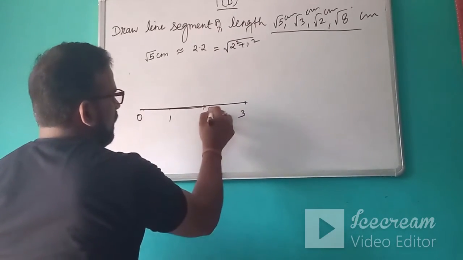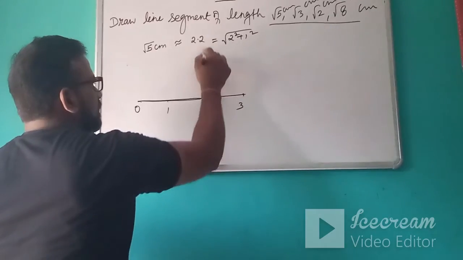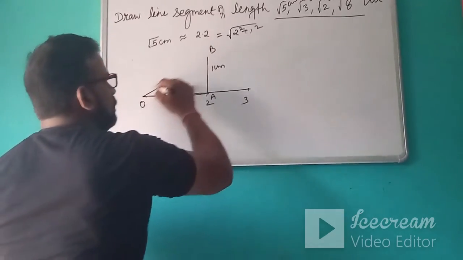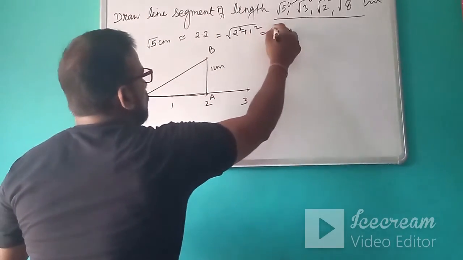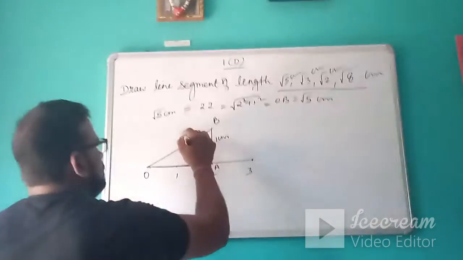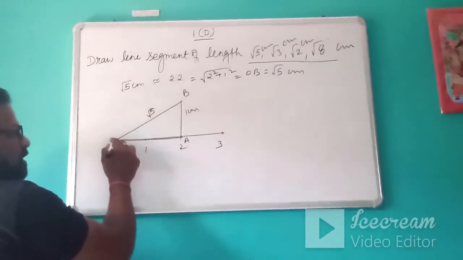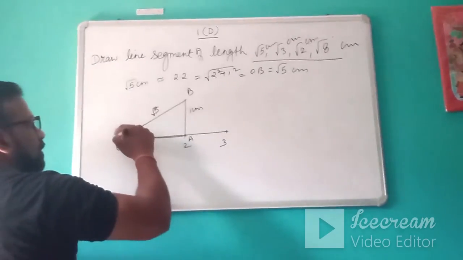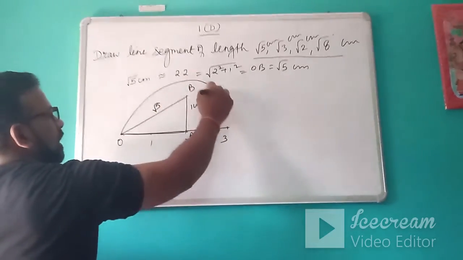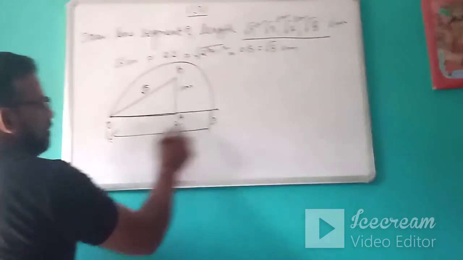Let it be A. Then I will construct a line of 1 centimeter. Let it be B. Then I will join OB. So you will get OB equal to root 5 centimeter. That means this is root 5. Now with O as center and radius equal to OB, you will draw one arc like this. Wherever it cuts, that will be your root 5.